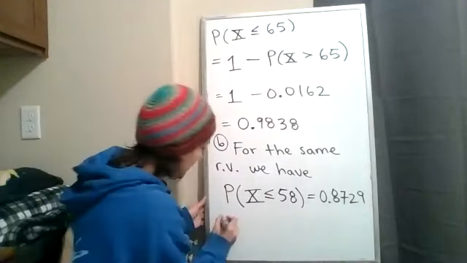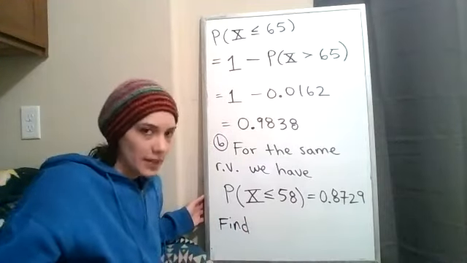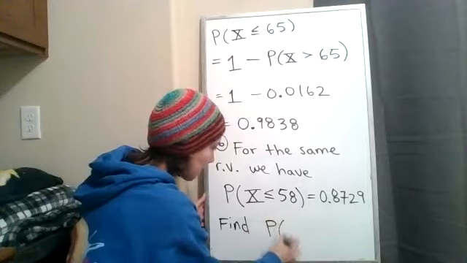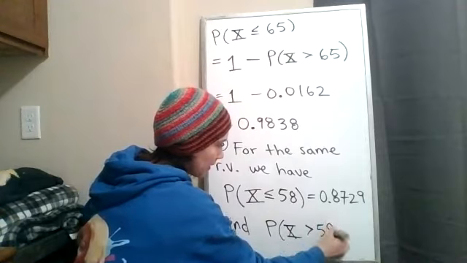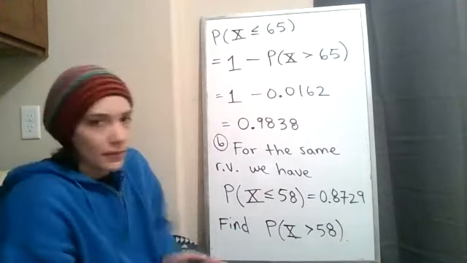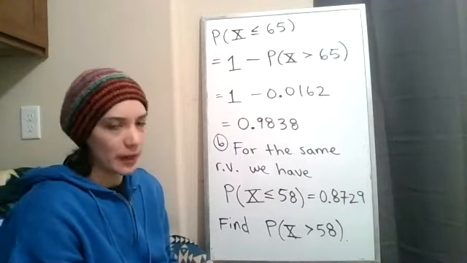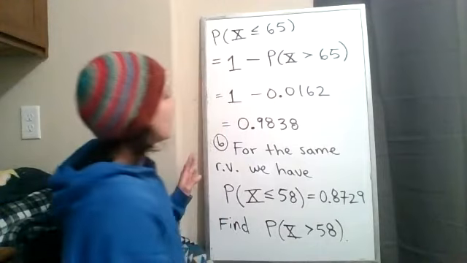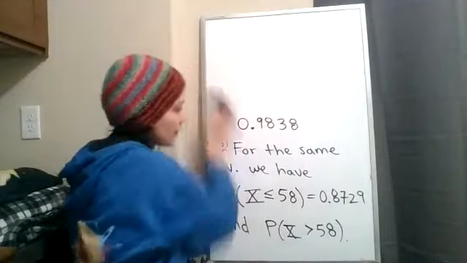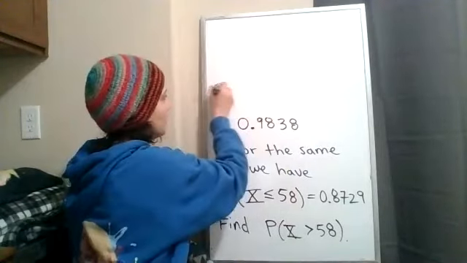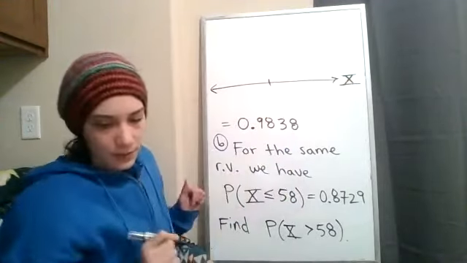And find the probability that x is greater than 58. So we'll do a sketch first, and then we'll work through the problem after that. Same variable x, and its mean was 50.